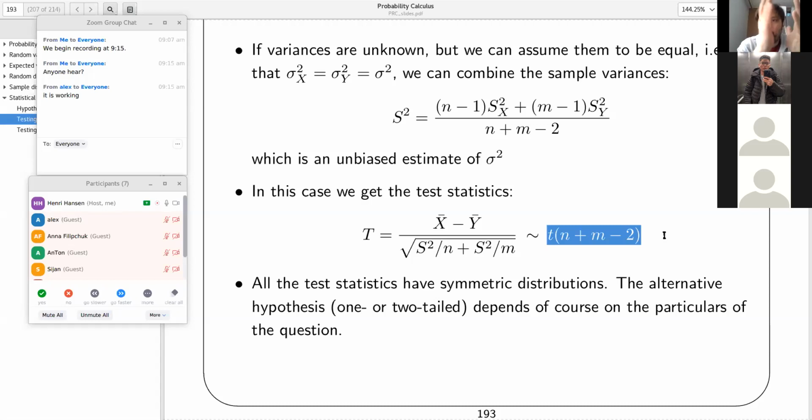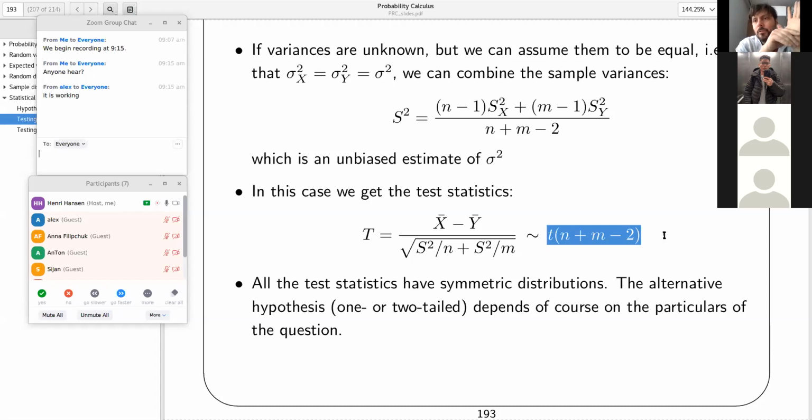You get narrower confidence intervals, and you get results like this is significant or the null hypothesis is rejected. You get a p-value of 0.01 or something like this, when in fact that result could just be a fluke because the variances are in fact different.